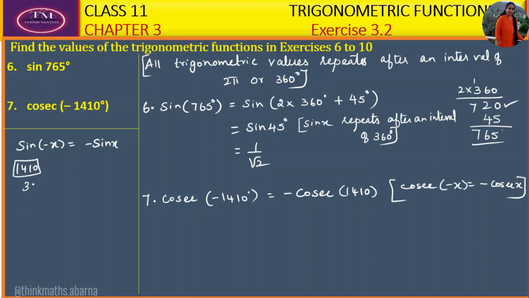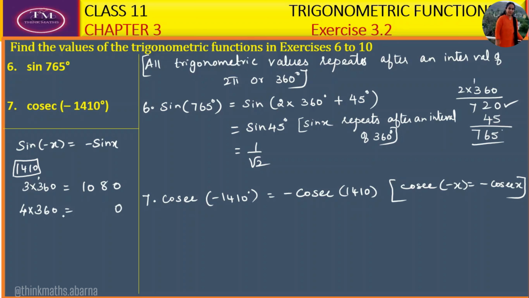Let me take 3 into 360. What is 3 into 360? 0 3s are 0, 6 3s are 18, balance 1, 3 3s are 9, 9 plus 1, 10. So if you compare this number with 1410, there is a large difference. At least 300 something is different. So I'm going to take the next multiple, 4. 4 into 360.